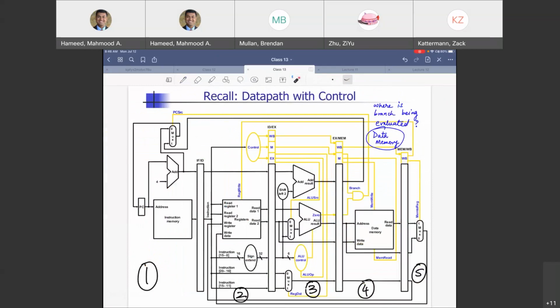The next instruction for the branch instruction, meaning the instruction before the branch, after the branch, right? After the branch, yeah.